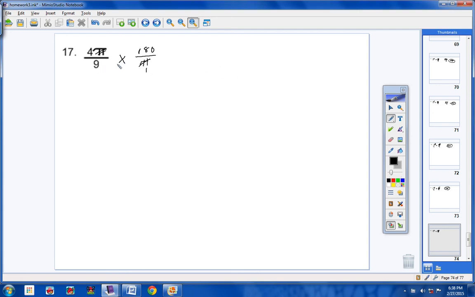I did that so you can see that you can really do it either way. 9 goes into 180 20 times, so 4 times 20 is 80, and 1 times 1 is 1. 80 over 1 is 80 degrees. Or you can take 720 over 9 and reduce that, and you'll still get the same answer. So either way is fine.